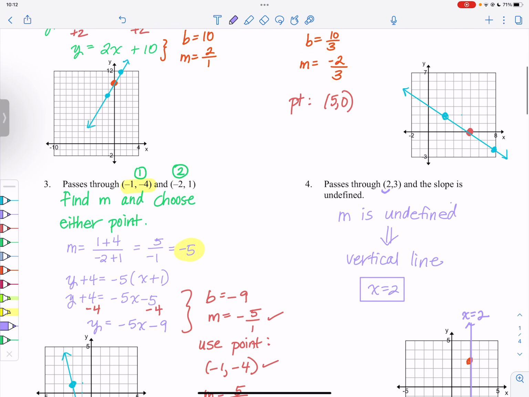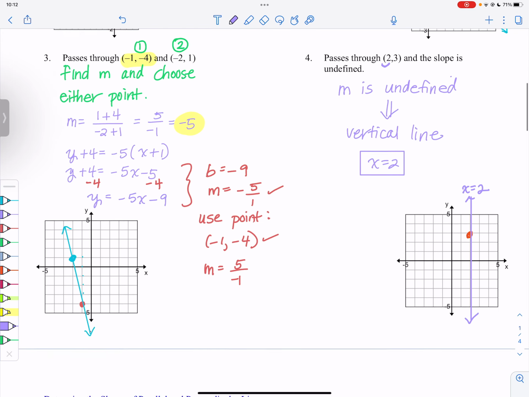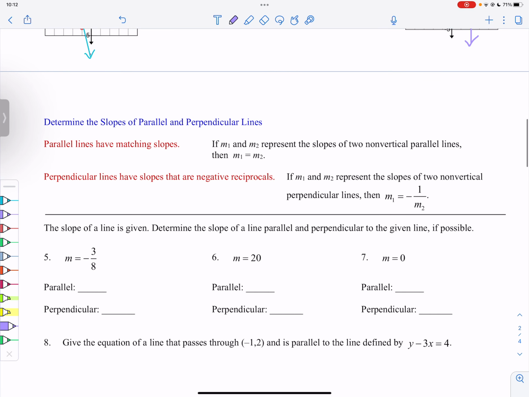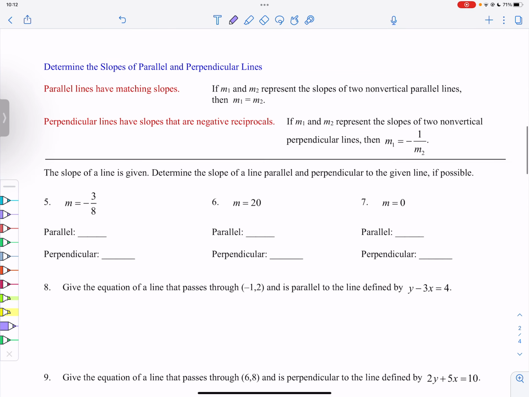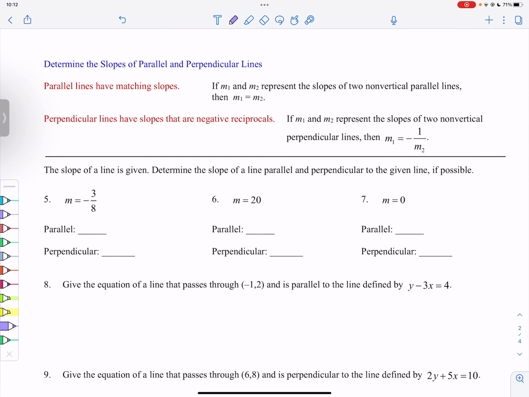Okay, and then let's take a look at this next section. We will be determining the slopes of parallel and perpendicular lines. Now, one thing we need to know is that parallel lines have the same slope, and perpendicular lines have opposite and reciprocal slopes.